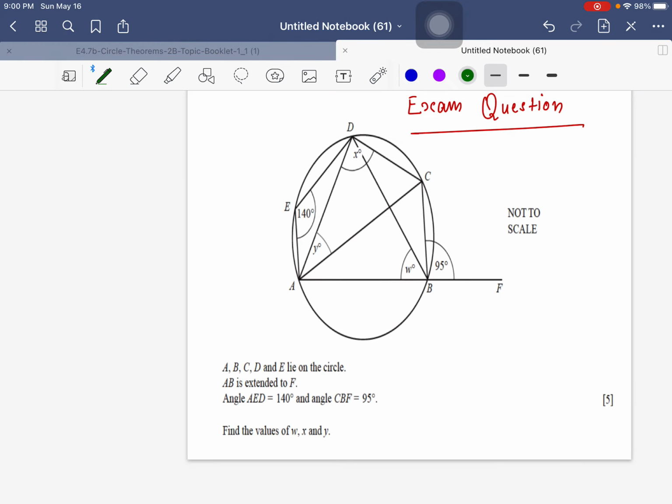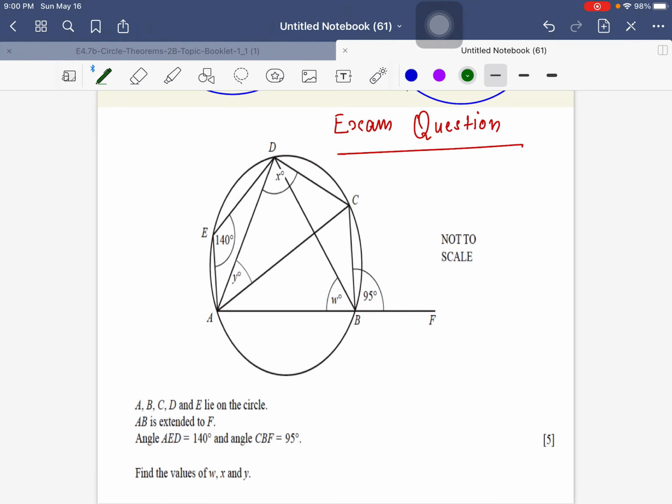One of the examples is here, an exam style question. Let's try to solve this question. In this question, he's asking to find the variable angles x, y and w. First of all, we should focus on this quadrilateral, which is A, B, D, E. This quadrilateral ABDE is a cyclic quadrilateral.